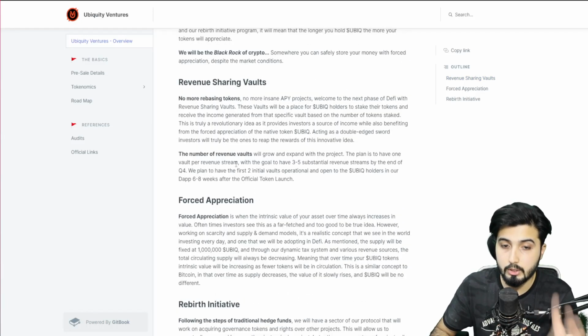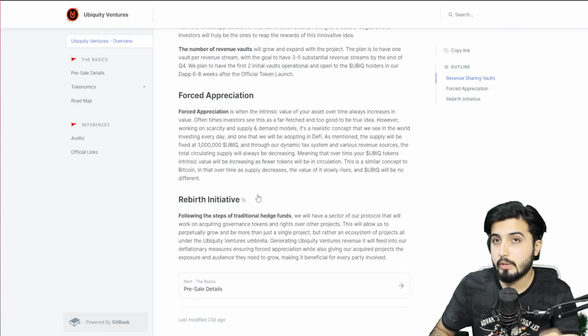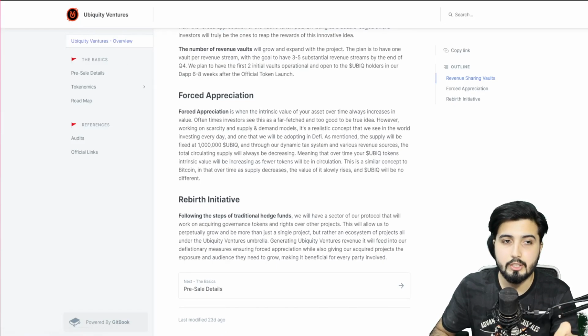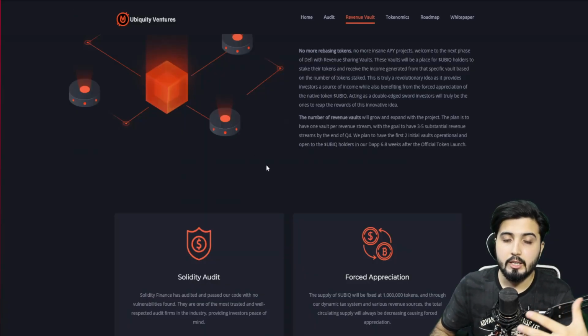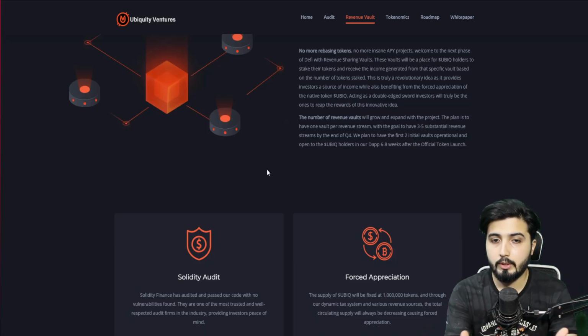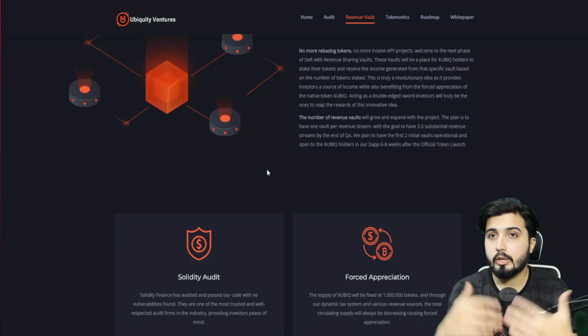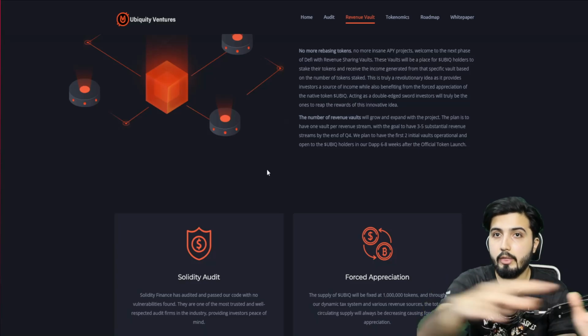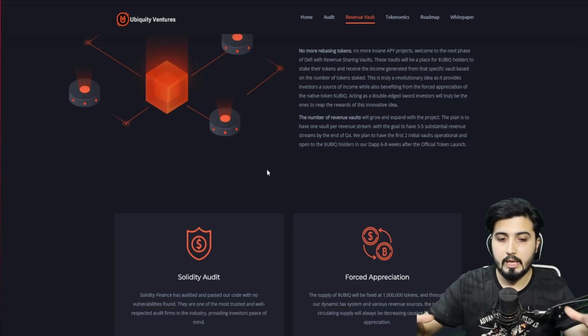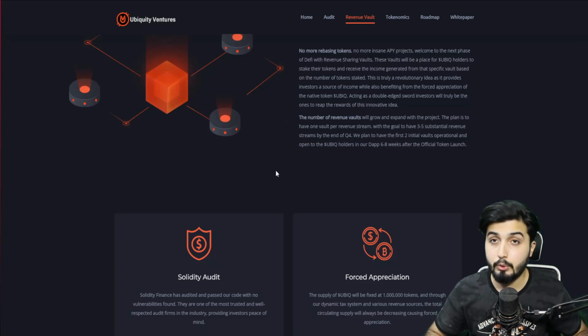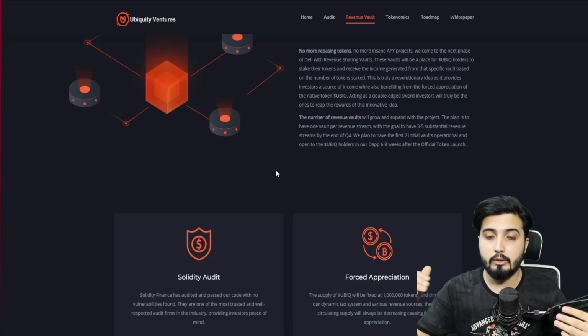We've talked about the revenue sharing vaults, and now they also have this Rebirth Initiative, which is really amazing in a sense. This is a portion of the protocol, and when we talk about the transaction fees, we'll have a better idea. Basically, a portion of the transaction fees, especially when someone sells a token, is used to acquire governance tokens of other projects out there, so that they can vote on what happens in those projects.